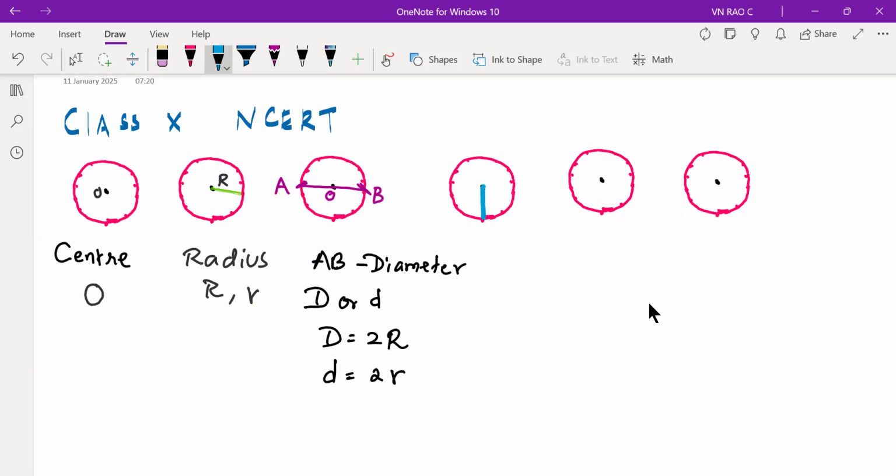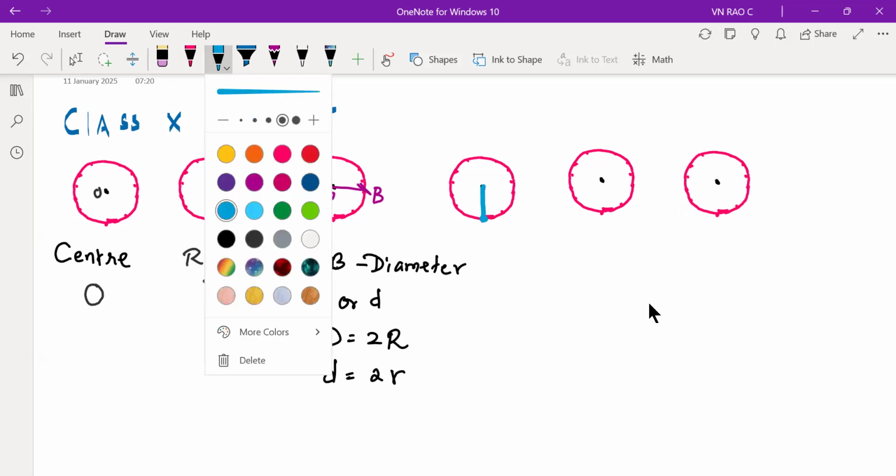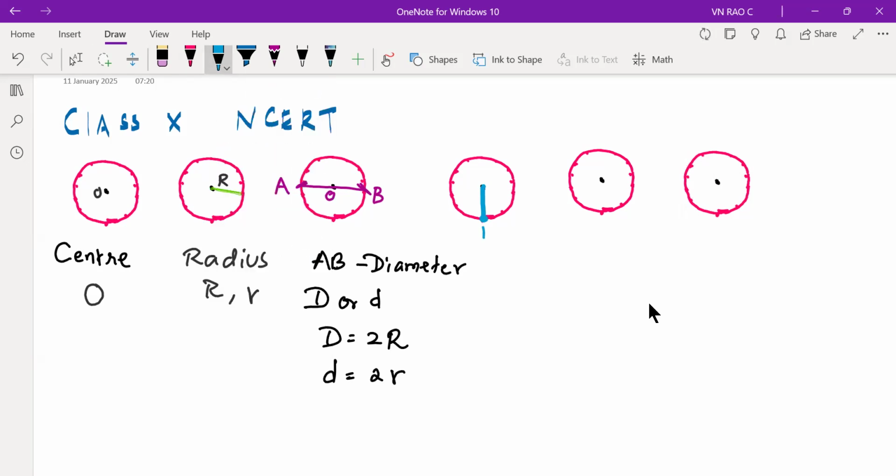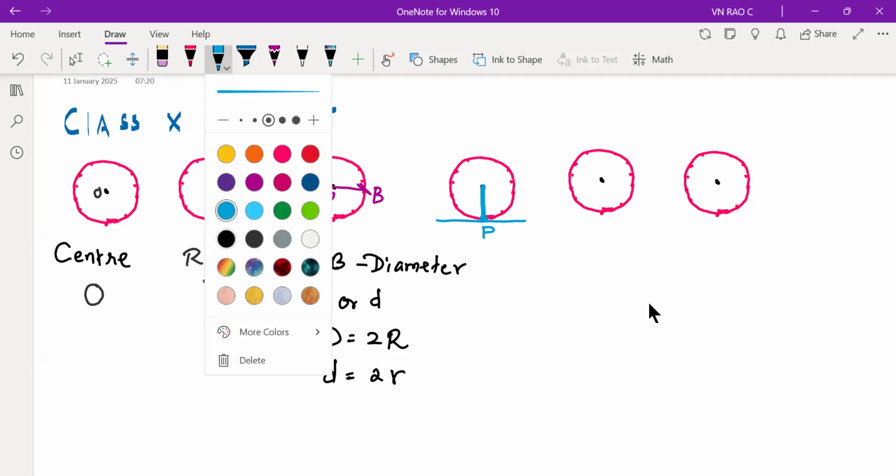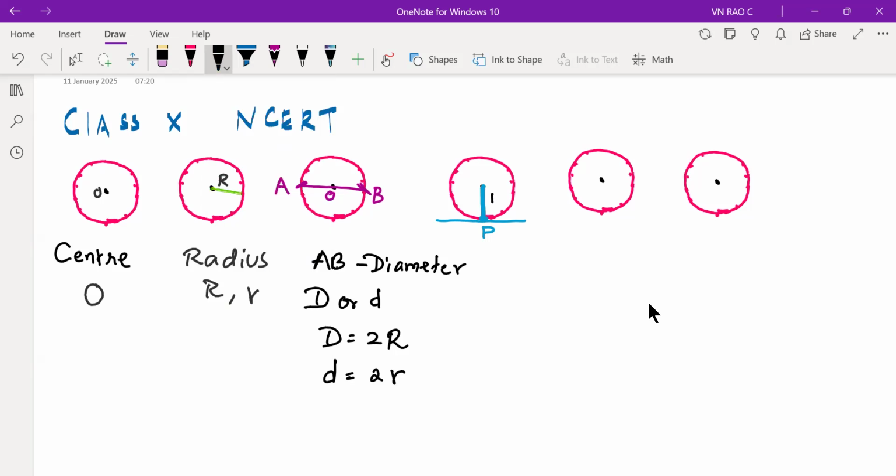This is the radius, and I draw an exactly perpendicular line to it. It meets the circle at a point, let's say P. Now I draw a line exactly perpendicular to the radius R, with O as the center.